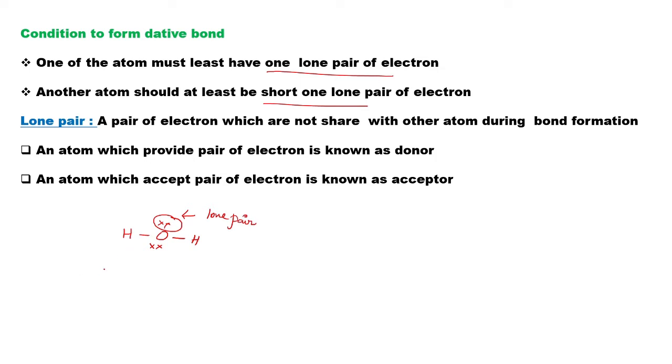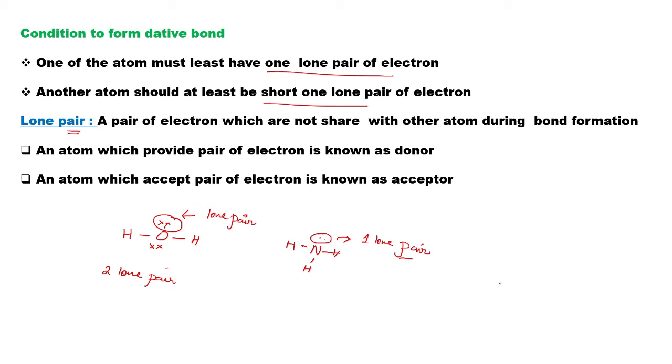So in water there are two lone pairs. Similarly, in ammonia, you will see one lone pair over nitrogen, which did not take part in bond formation. This unshared pair of electrons which did not take part in bond formation is termed a lone pair.